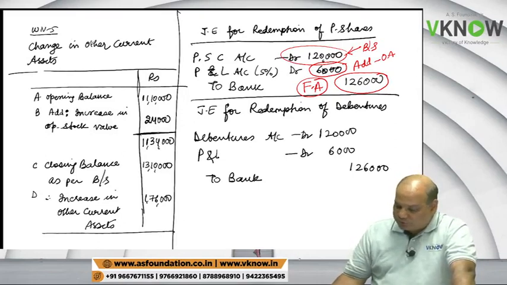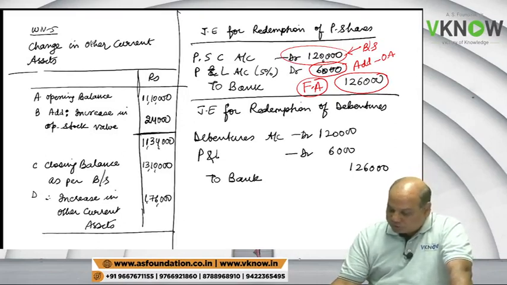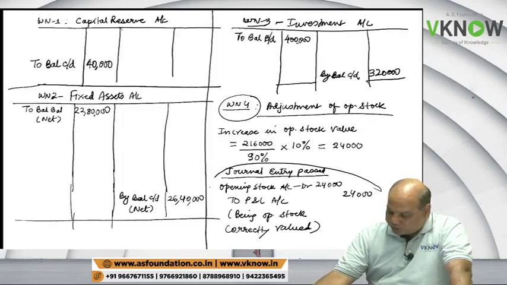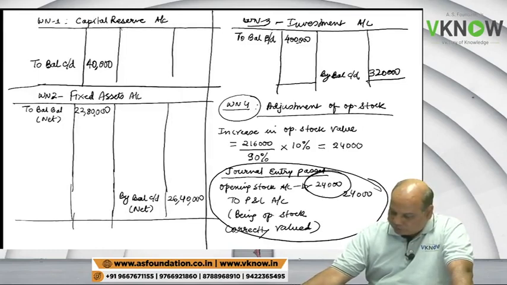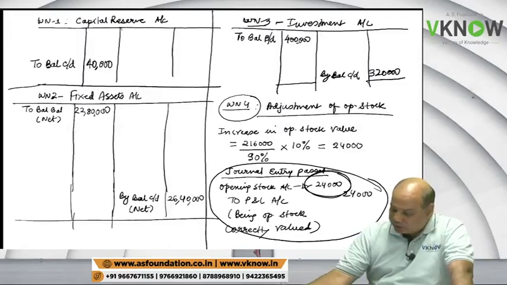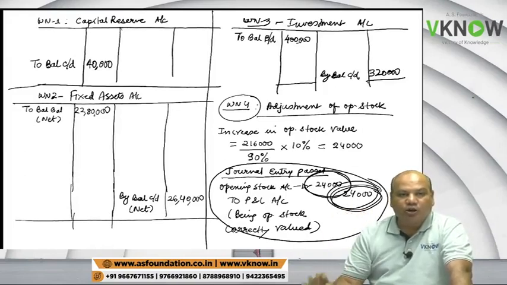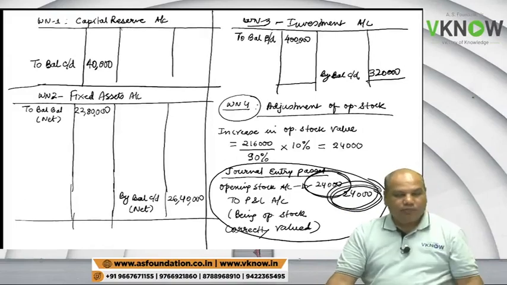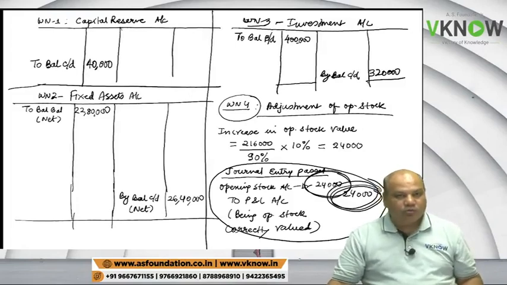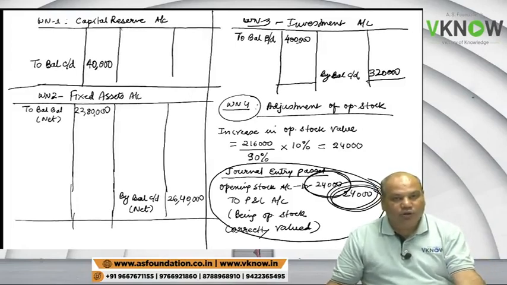Very important question is going on. So now you see, you have to give two effects of this entry. One effect, you have added in this opening stock, already done, and they have credited the P&L account by 24,000, which is a non-cash adjustment. It is a non-cash entry which has gone into the P&L account.